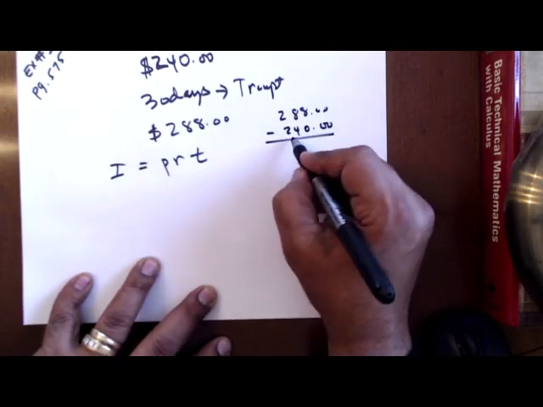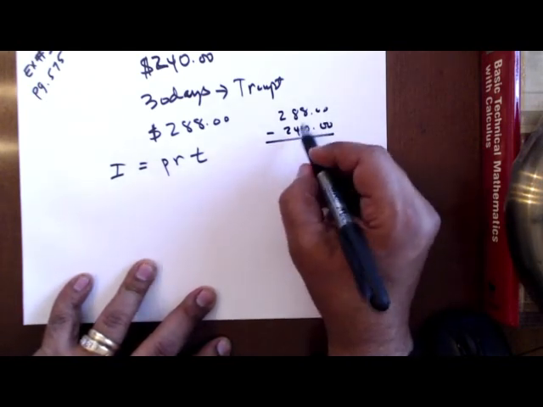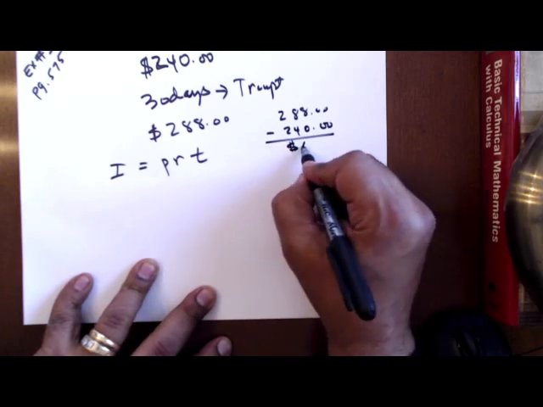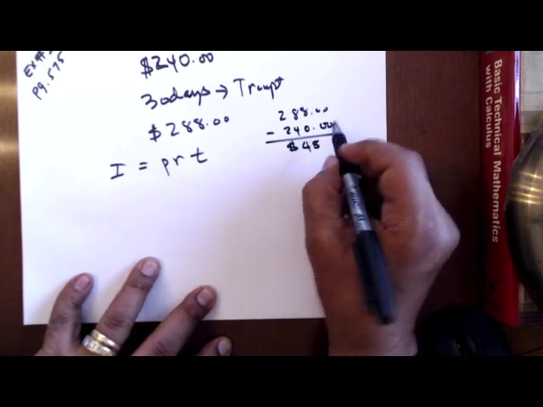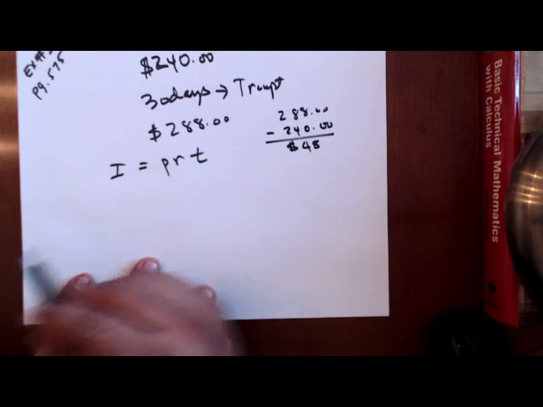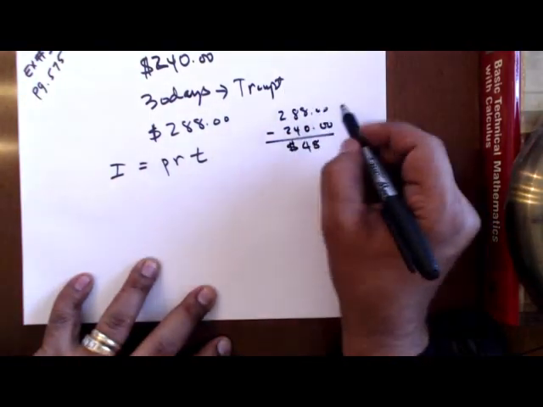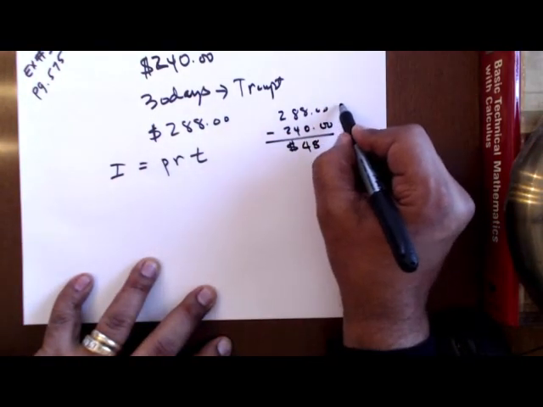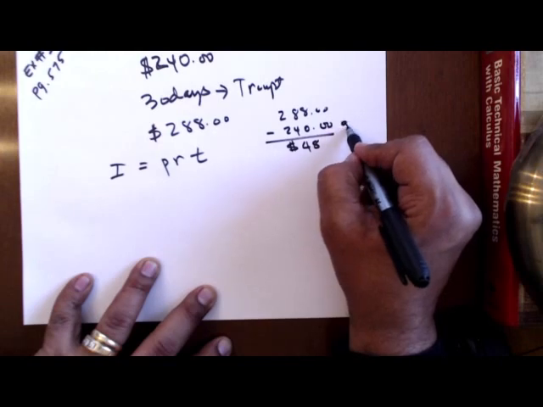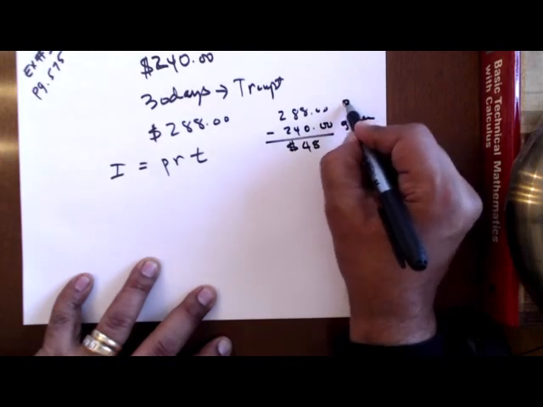So in essence, he paid the interest of $48. Now, that's because of the money that he was given. He was given this money, and this is what he paid.